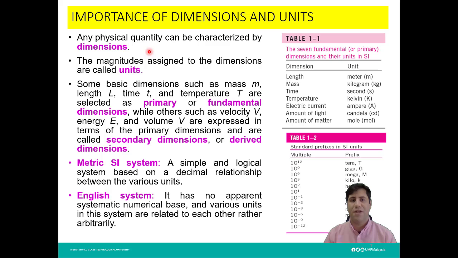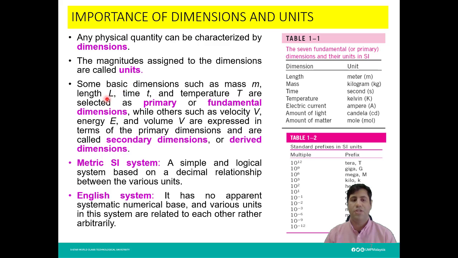When we characterize something, we should define it by its dimensions, and these dimensions should have some units. These dimensions are categorized in two different categories: primary or fundamental dimensions, and secondary or derived dimensions, which are made from the primary dimensions.